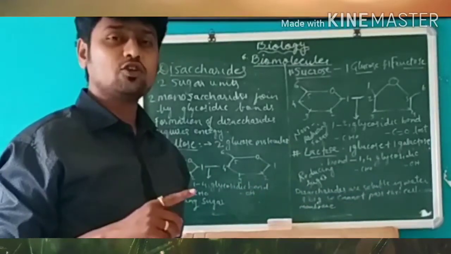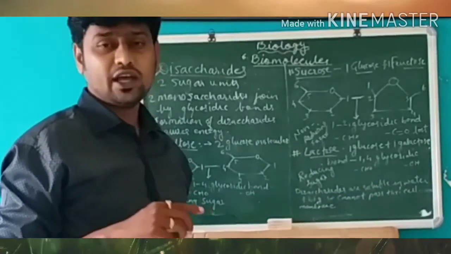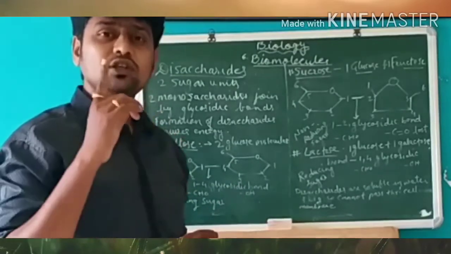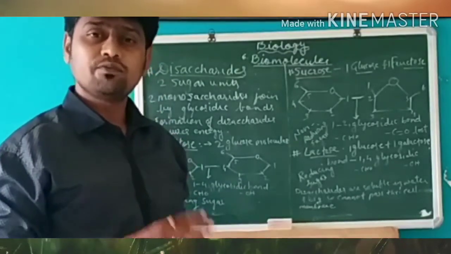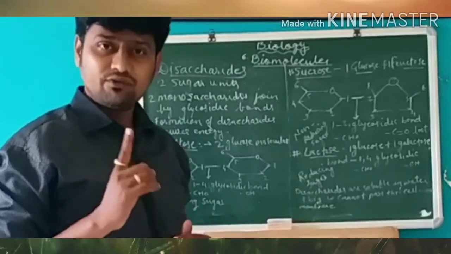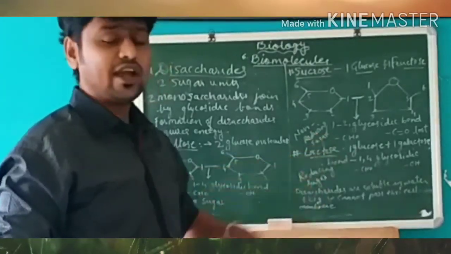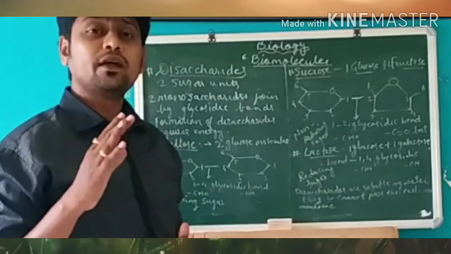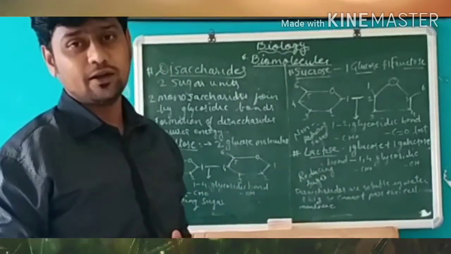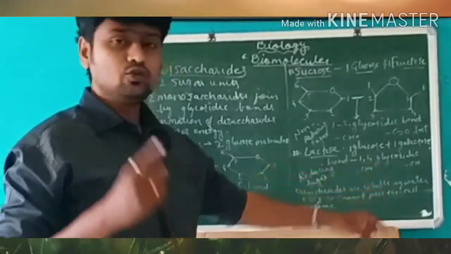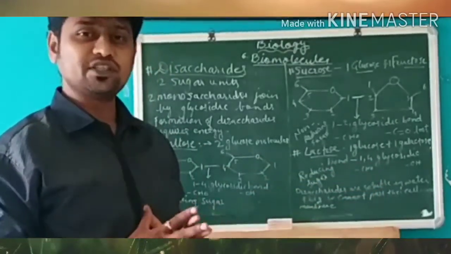But in galactose, the aldehyde functional group is attached and remains free. So lactose is also a reducing sugar, because in galactose one free functional group is present.